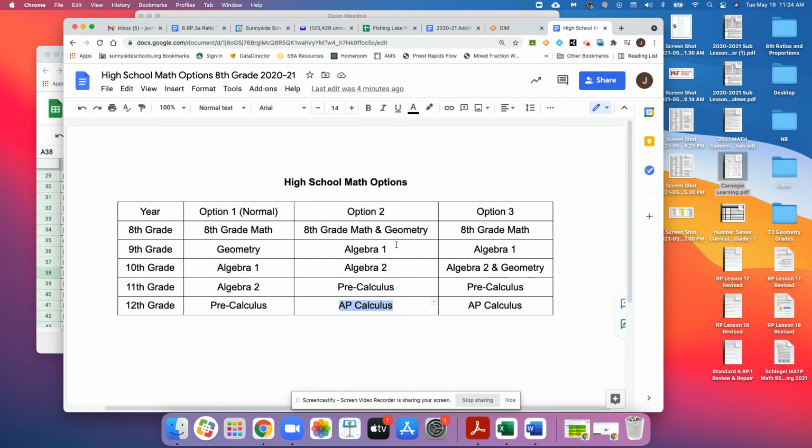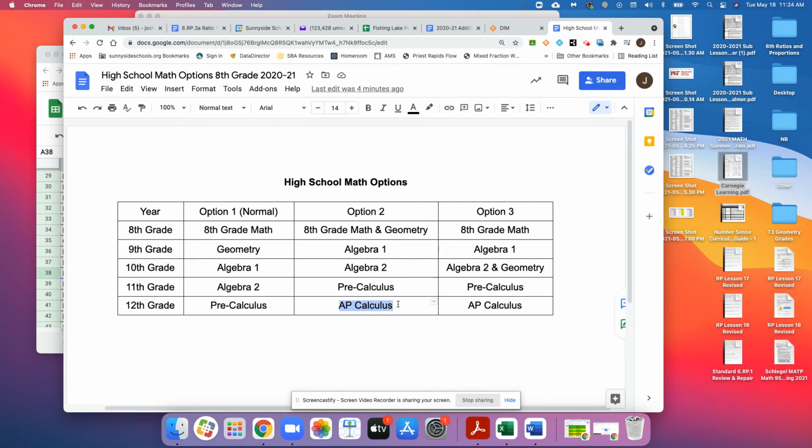If you were to count, you have 5 high school math classes that this person takes and only 4 high school math classes that this person takes. Again, the only reason for option 2 or option 3 is if you are a person that wants to do more math. So you can see that the normal track here does not get a person to the course called AP Calculus.